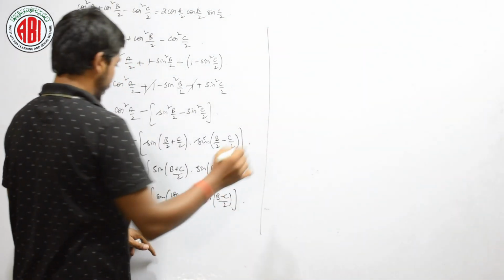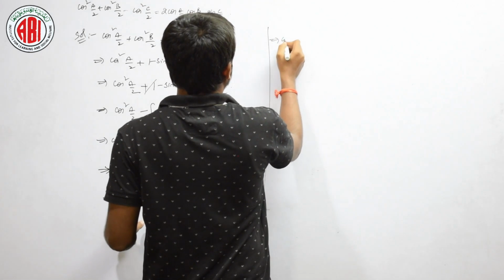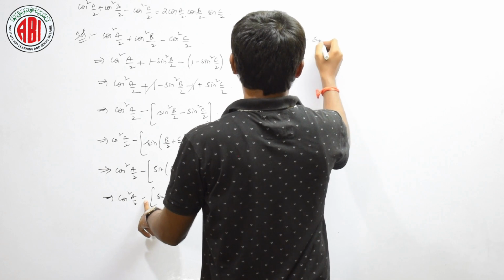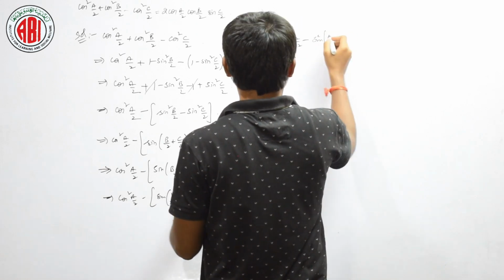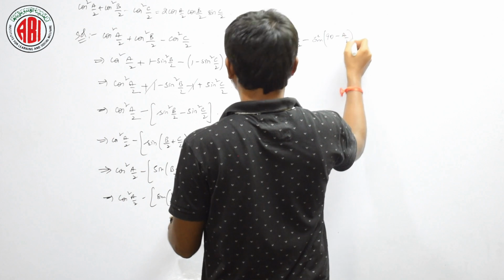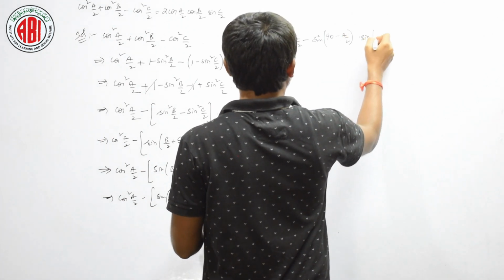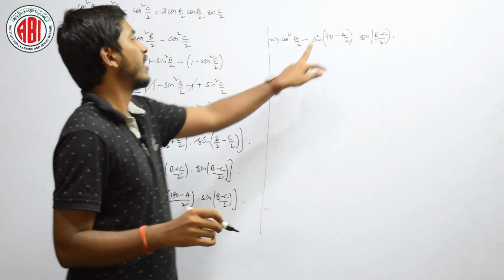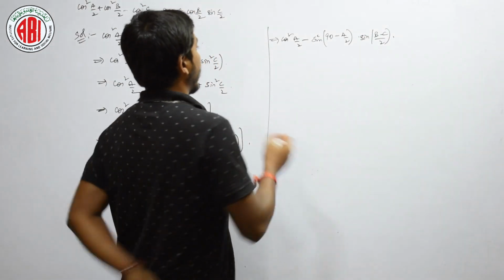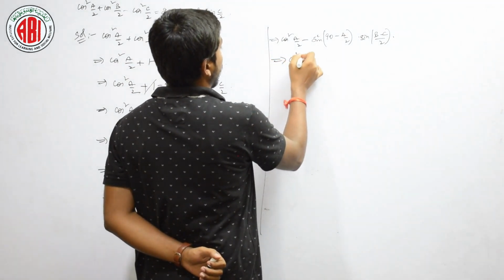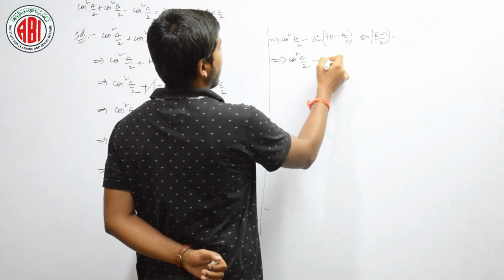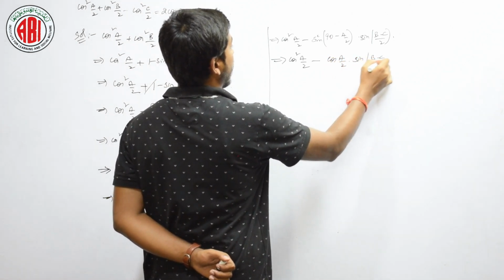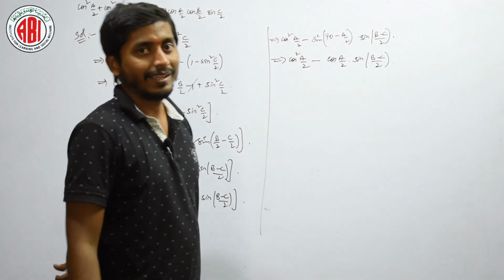Now this will become cos square a by 2 minus sine of 90 minus a by 2 into sine of b minus c by 2. Is it clear? What is sine of 90 minus theta? That is nothing but cos theta, right? This is cos square a by 2 minus cos of a by 2 into sine of b minus c by 2. Is it right?